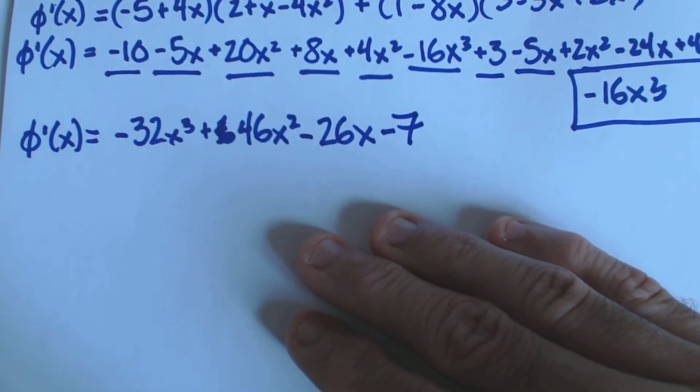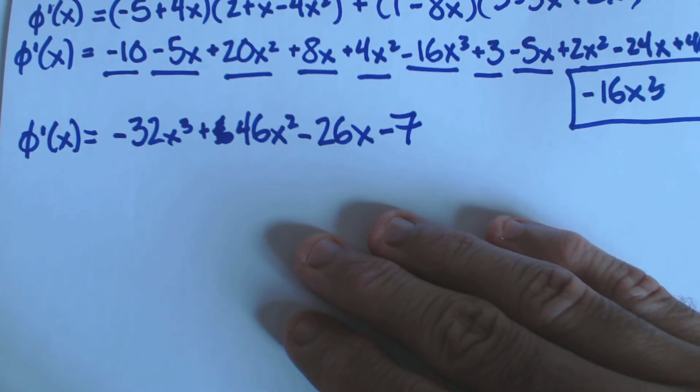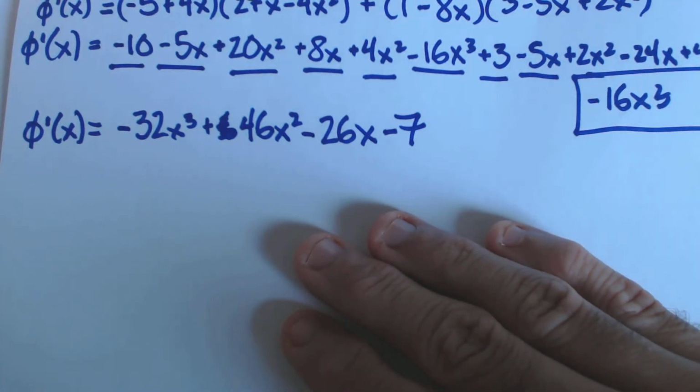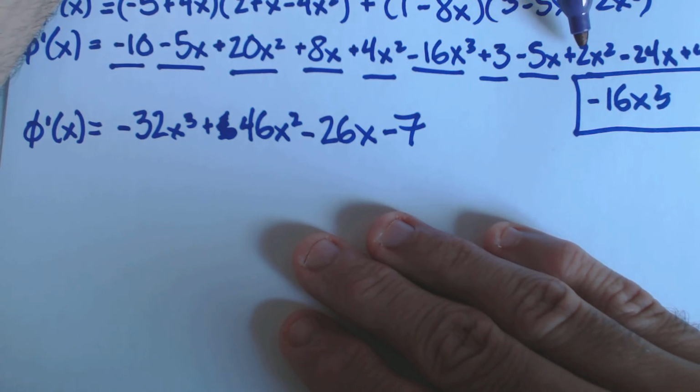Alright, and so the answer to this problem is negative 32x cubed plus 46x squared. Wait, let me make sure I got the x squared terms right. So we have 20x squared here, plus 4 is 24x squared, plus 2 is 26x squared.